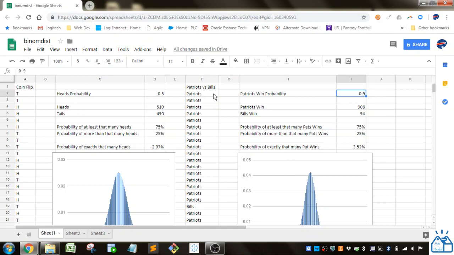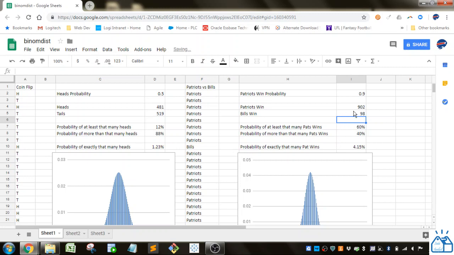If we simulate that 1,000 times, in this case we got 906 Patriots wins and 94 Bills wins. We just happened to get the same numbers, so let's go ahead and force it to calculate again.